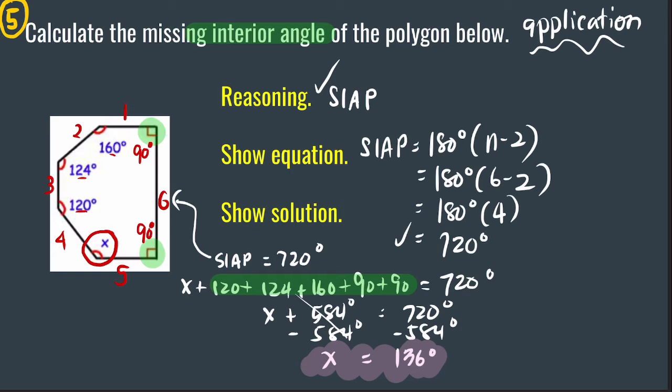I wrote down and added all the interior angles, because I know the sum of the interior angles of this particular polygon is 720. So all I needed to do was add everything, set it equal to 720, and then apply my knowledge of algebra to solve the problem. This is what I'm saying: higher level problems just means you have to put together what you have learned in the past. So let's do the last one.